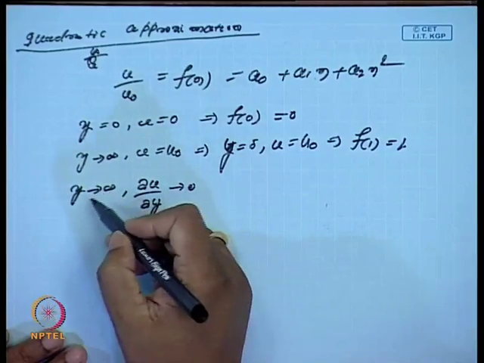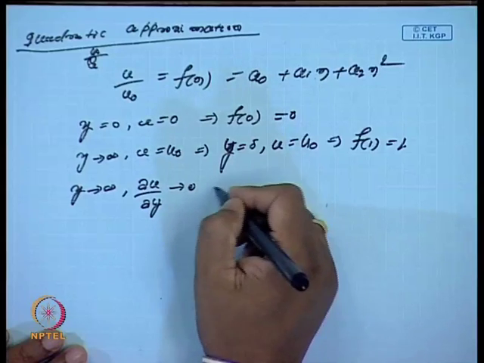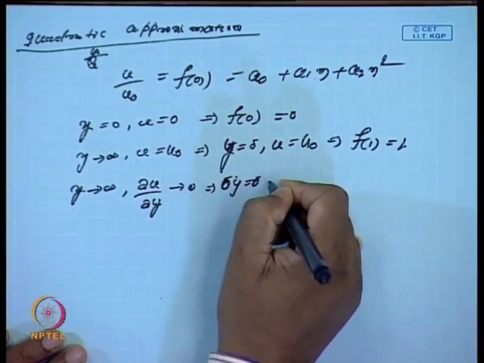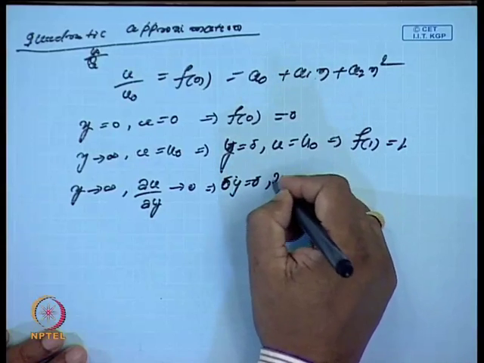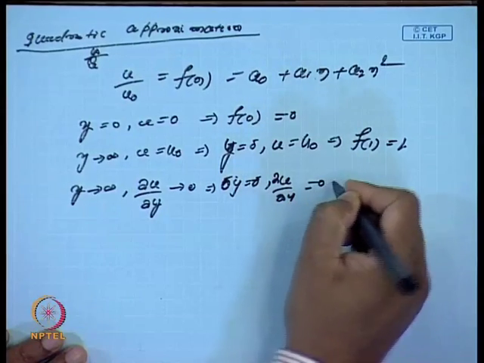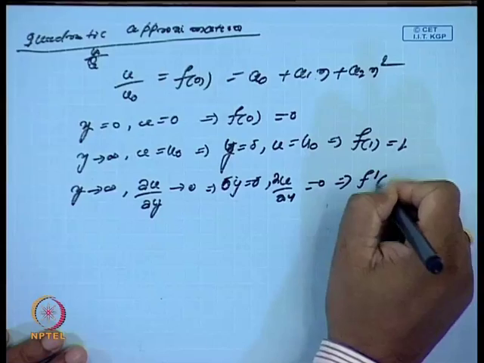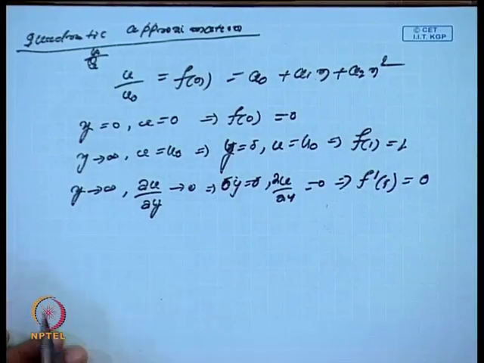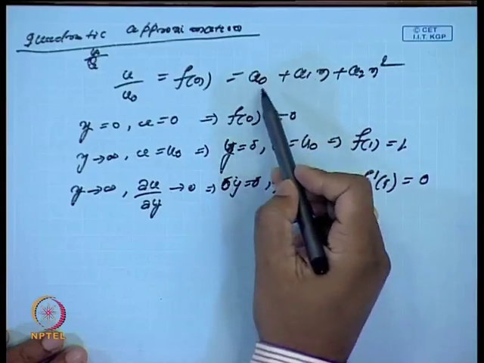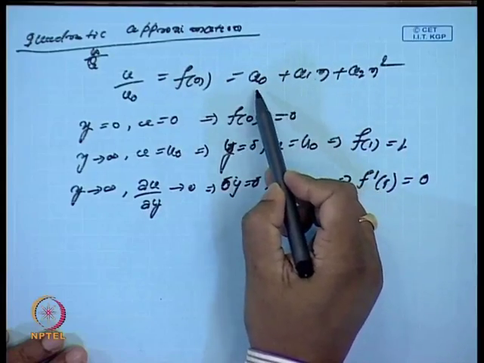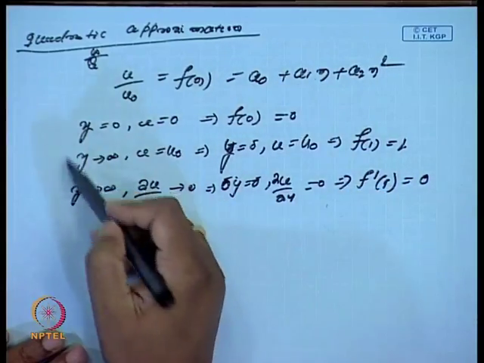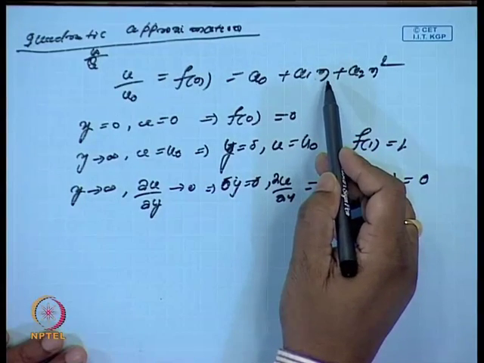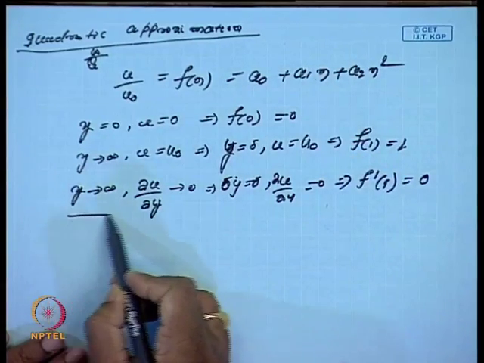So, I can say that y tends to infinity, del u by del y tends to 0, and that implies, same as y is equal to delta, del u by del y is 0, which gives me f dash 1 equal to 0. So, earlier when I was going for a linear approximation, I used to take two terms and these were my boundary conditions. Now, when we are going for a quadratic approximation, I am adding this condition.